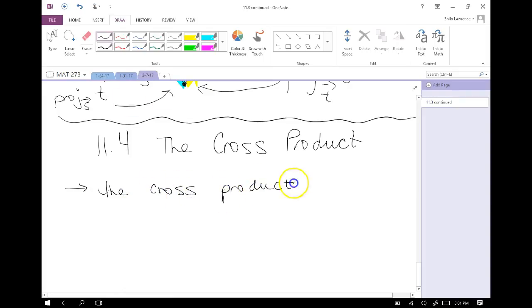So when we did dot product, we said we could also call it scalar product because the answer is a scalar. Cross product is also sometimes called vector product because the answer is a vector.